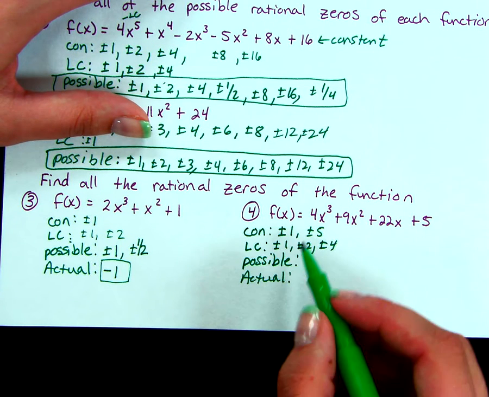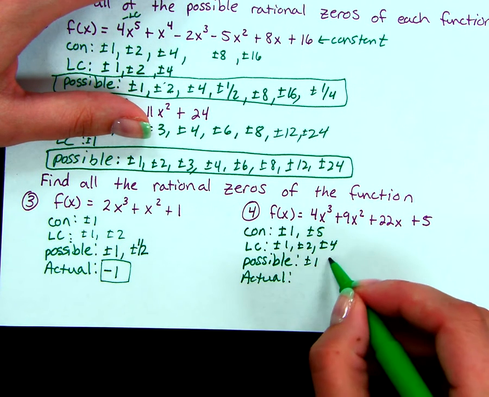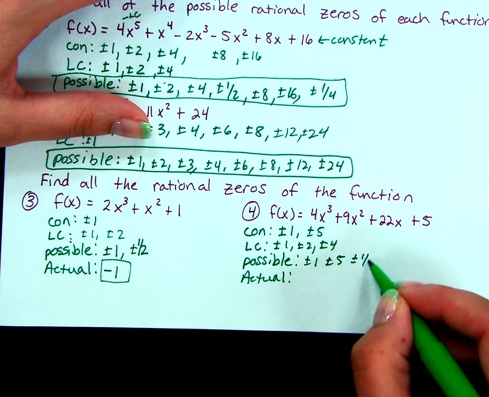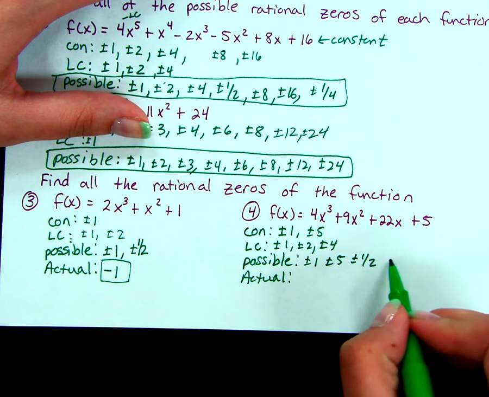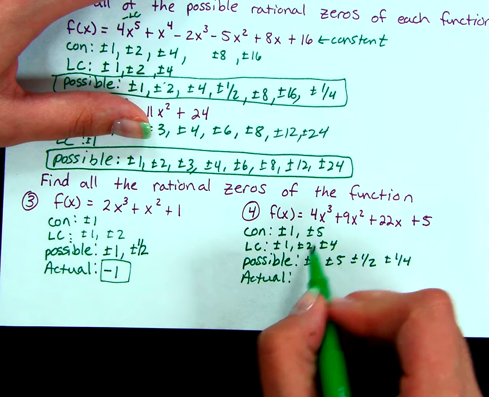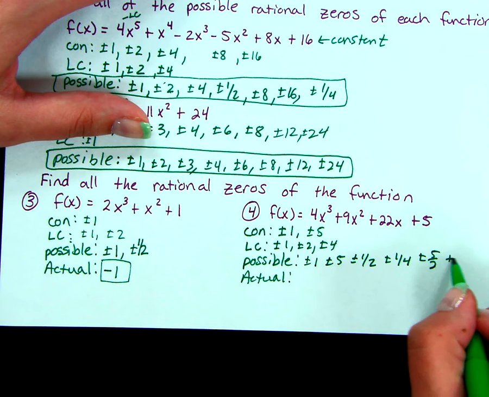So our list of possibilities, 1 divided by 1 is 1, 5 divided by 1 is 5, 1 divided by 2 is 1/2, 1 divided by 4 is 1/4, and then we still need to do 5 divided by 2 and 5 divided by 4.